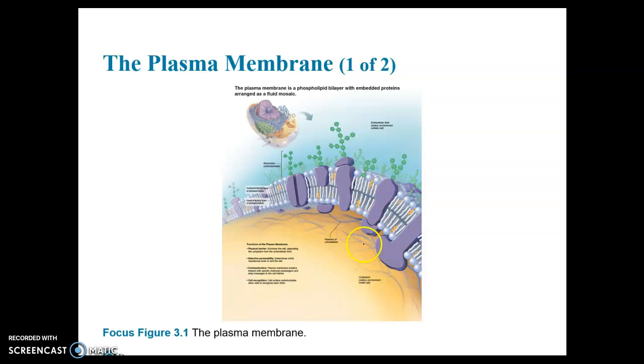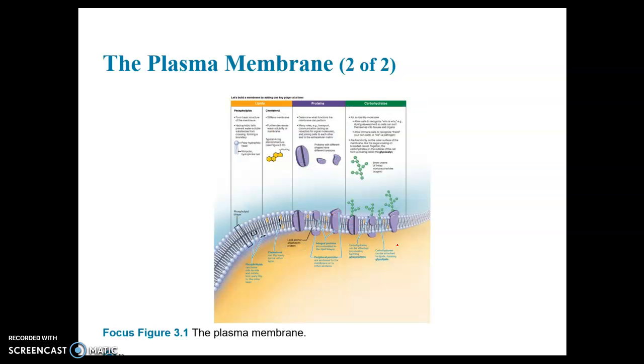These large purple molecules scattered within the phospholipid bilayer are the membrane proteins. They have various functions. And then we see these little green molecules that are shaped like hexagons. They are glucose. So chains of glucose or carbohydrate chains form the glycocalyx. We also have cholesterol. This is cholesterol that can be found within the phospholipid bilayer as well.